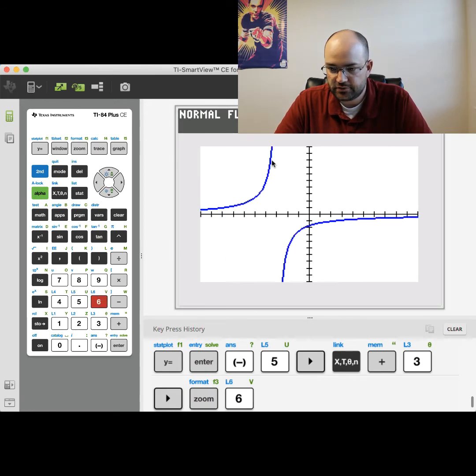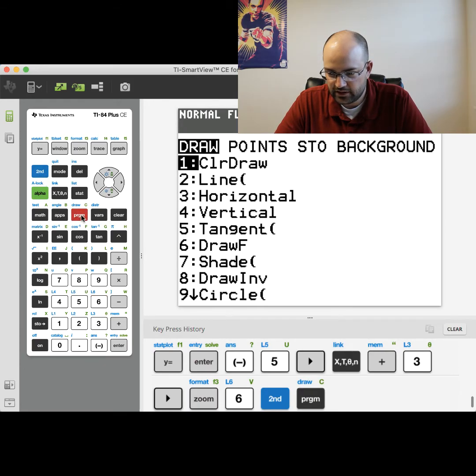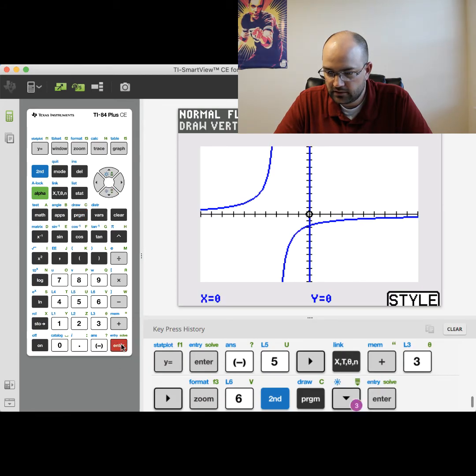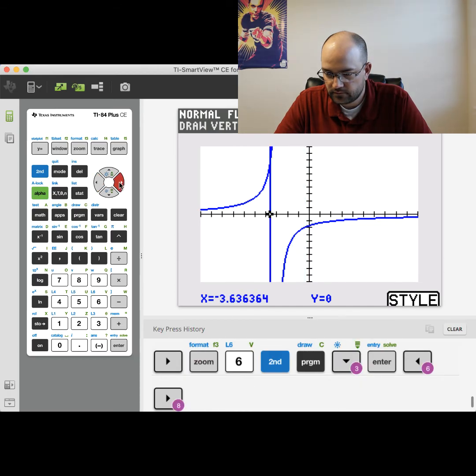Notice that this function is going up this way and it's coming from down this way. And that actually is the vertical asymptote here. Okay, so in fact, I wonder if I can draw that. Vertical line. Oops. There we go. Yeah, close enough.